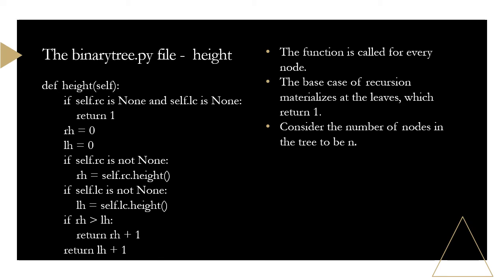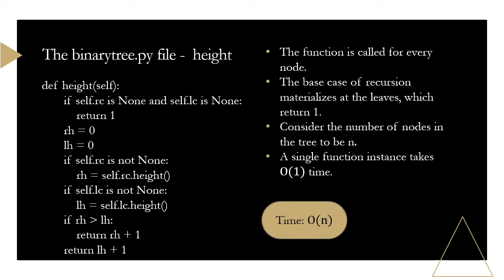So this means that the function is called n times, or there are n function instances which are called. A single function instance takes O(1) time, and you can investigate this for yourself too. From this we can deduce that the time taken for the whole recursion is O(n).